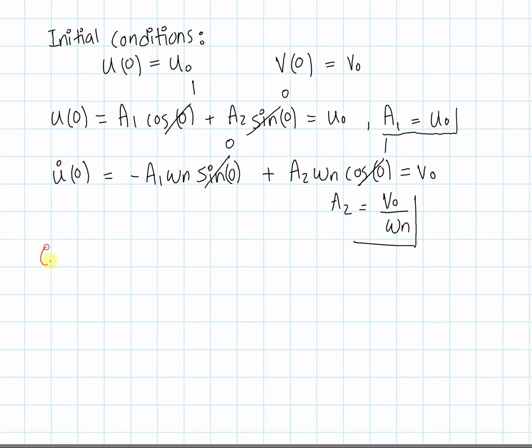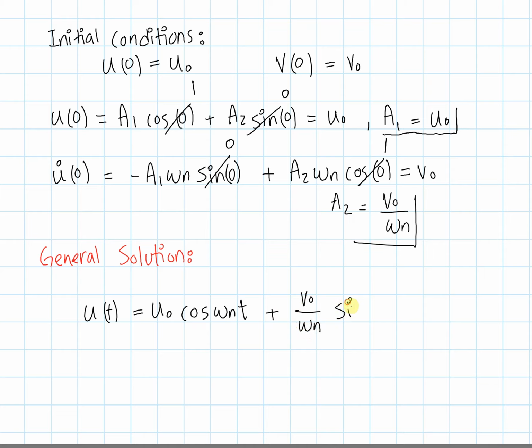We're going to call this the general solution. u(t), because displacement here is a function of time, it develops with time, is equal to u naught cosine omega n t plus v naught divided by omega n sine omega n t.